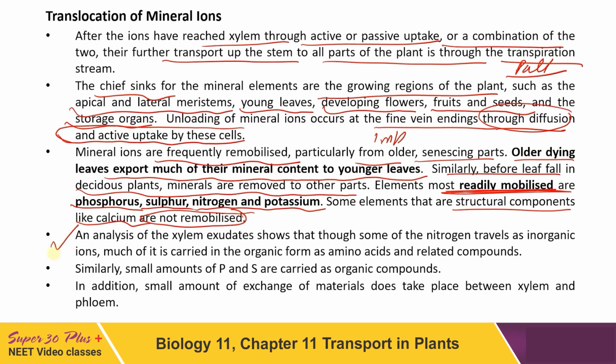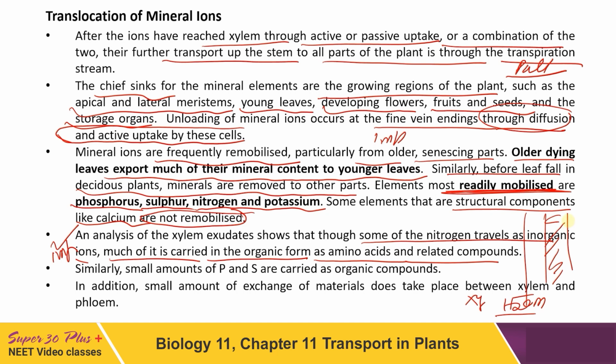Interesting and important part: analysis of the xylem shows that some of the nitrogen travels as inorganic ions, but much of it is carried in organic form as amino acids and related compounds. There was a myth that through xylem only water and minerals are transported, and through phloem only organic solutes.